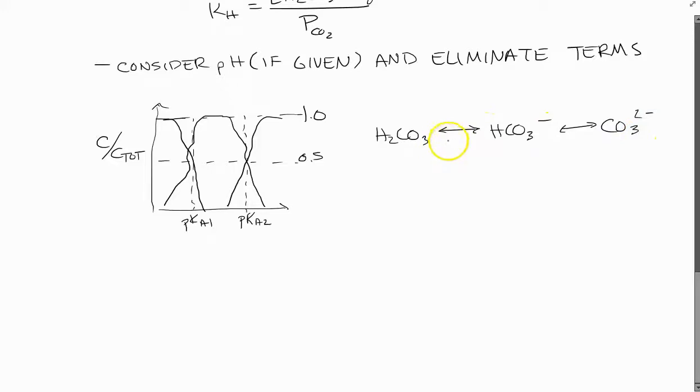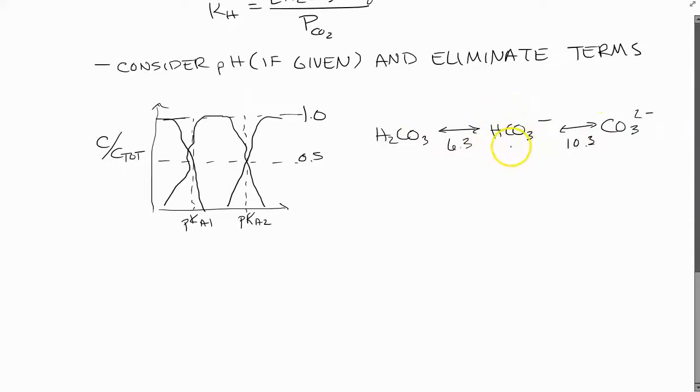I know this pKa is like 6.3, this pKa is like 10.3. If our pH is 3, it's mostly going to be carbonic acid. If our pH is 12, it's mostly carbonate. If our pH is 8, it's mostly bicarbonate.